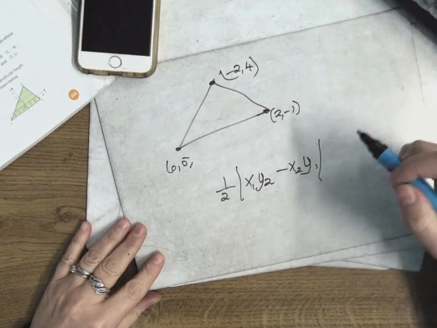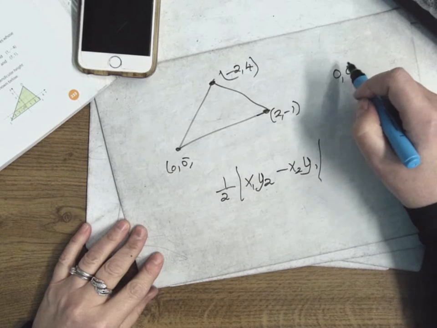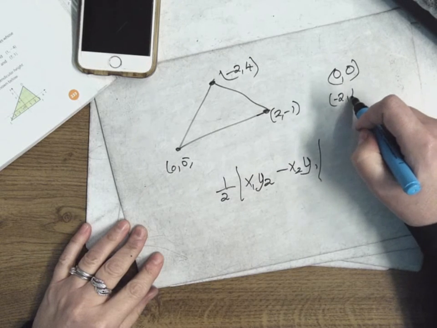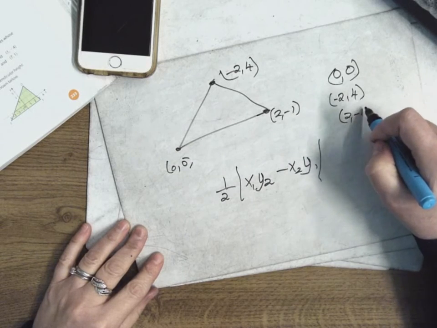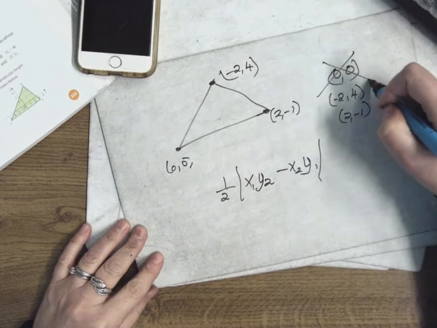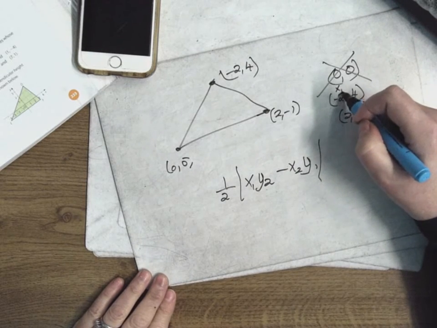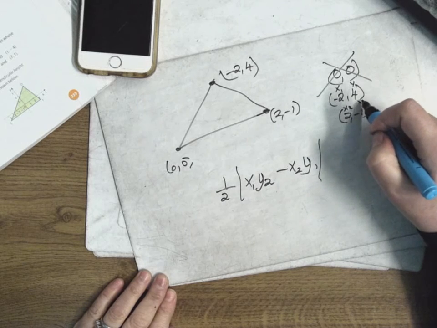Does anyone remember what the story is? One of them has to be 0, 0. And if one of them is not 0, 0, I'll show you in the next example what you do. So one of them has to be 0, 0. So when one of them is 0, 0, cross it out. Gone. And you call the other two x1, y1 and x2, y2.